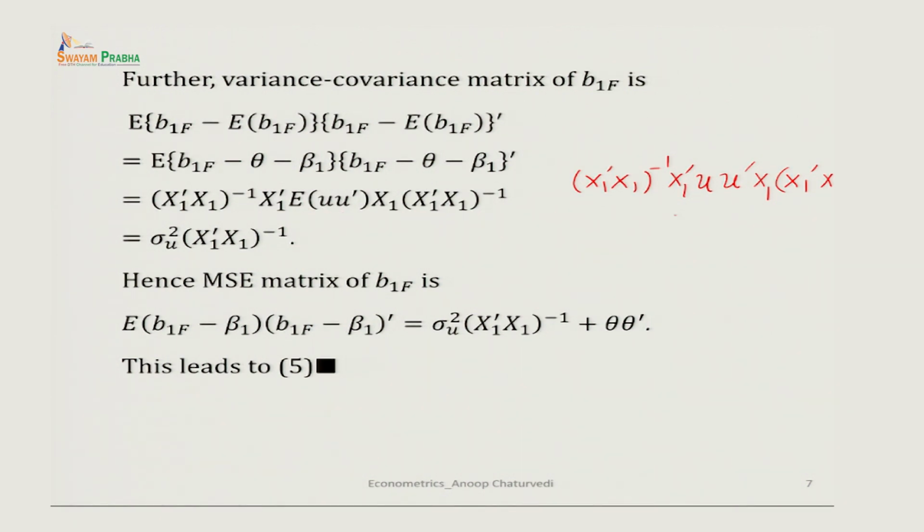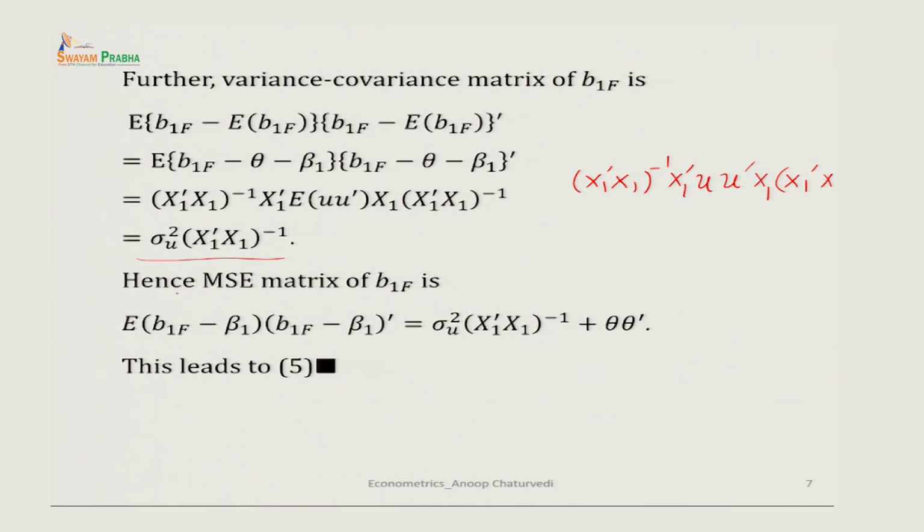Expectation of u u transpose is sigma square I n, then we take sigma square u outside. So, we obtain x 1 transpose x 1 inverse x 1 transpose x 1 x 1 transpose x 1 inverse. So, you get this final expression for the variance covariance matrix of B 1 f.